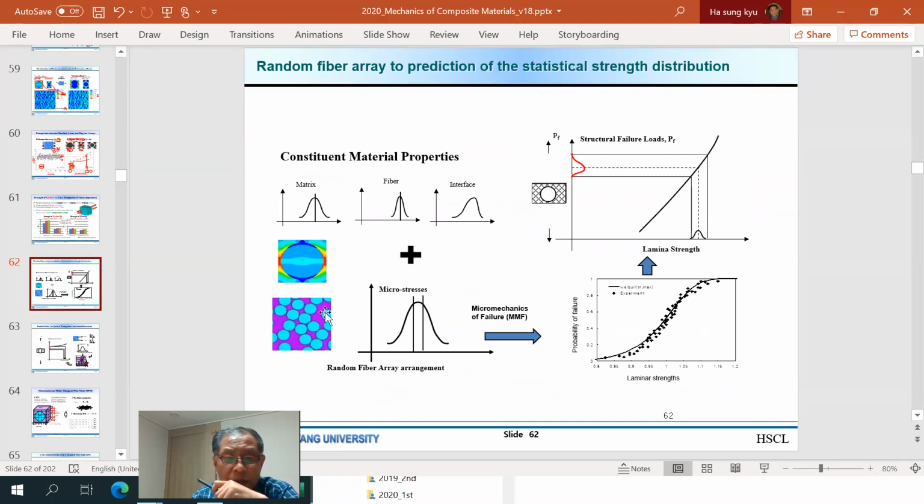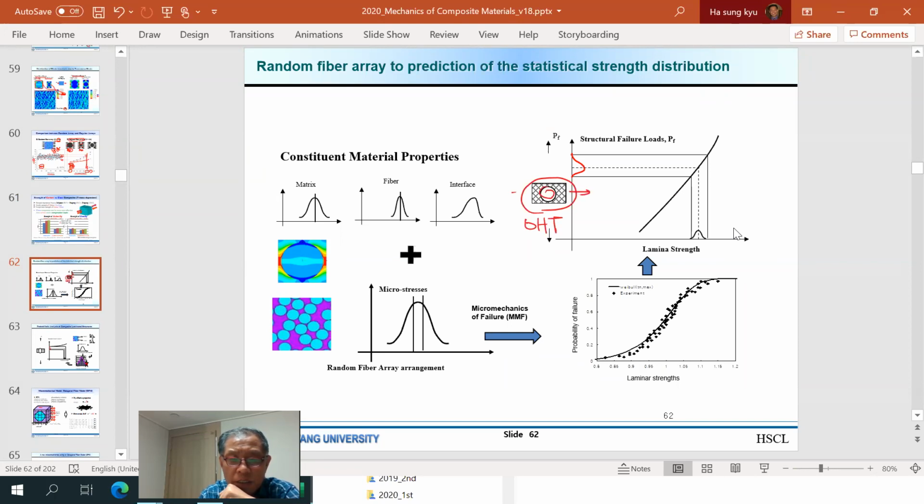This kind of study can be applied to the statistical distribution of composite behavior. Let's say we have the strength of an open hole, open hole tension.